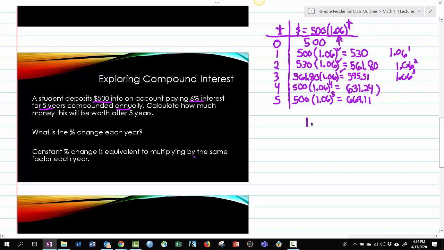In this case, the factor 1.06 minus 1 gives us 0.06, which is a 6% change every year. So constant percent change means multiplying by the same factor every year, and that turns out to be exponential.